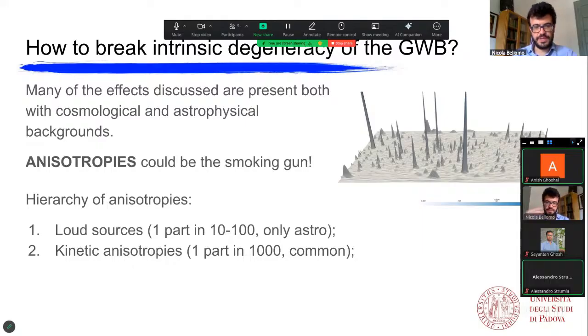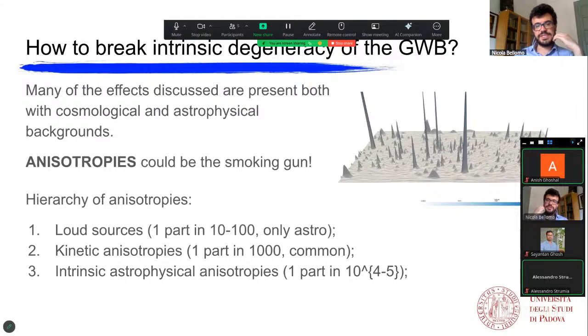Then moving down the ladder, we have intrinsic astrophysical anisotropies, which are, let's say, around 1 part in 10 to the 4, 10 to the 5. These are due to the fact that the core of our background is going to be produced by the superposition of many supermassive black hole binaries, all of which basically trace structure formation.